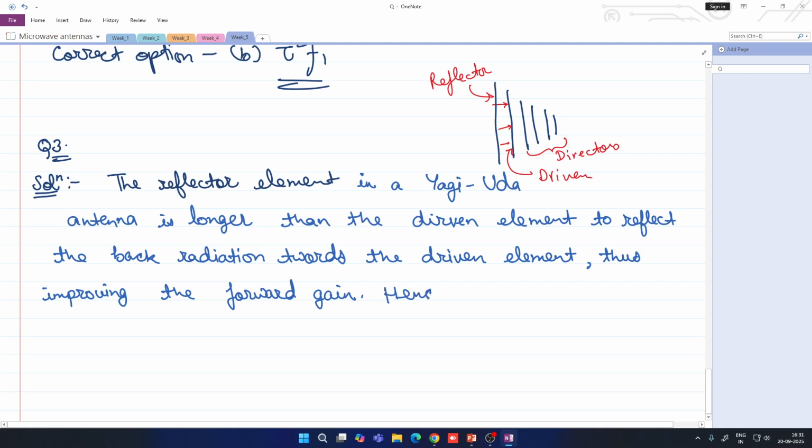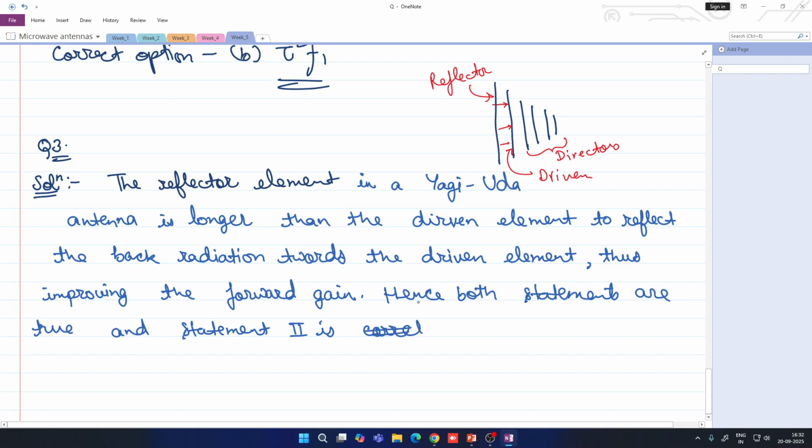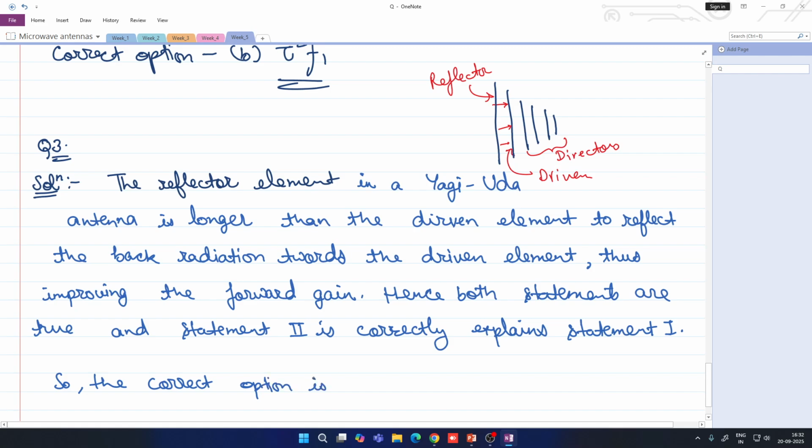Hence, both statements are true, and statement 2 is the correct explanation of statement 1. So the correct option is option A.